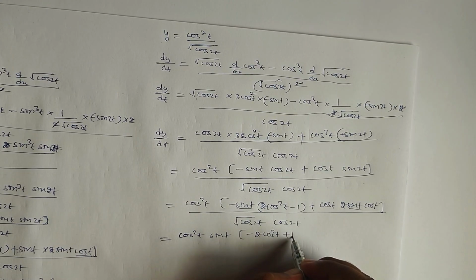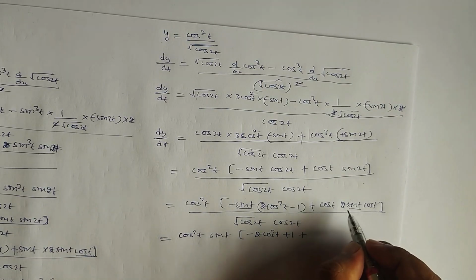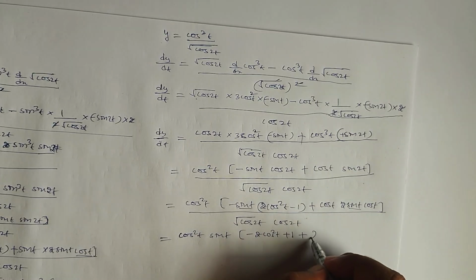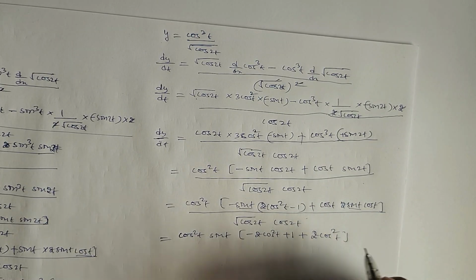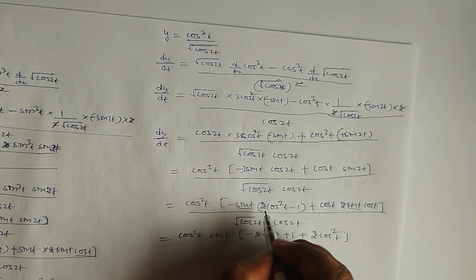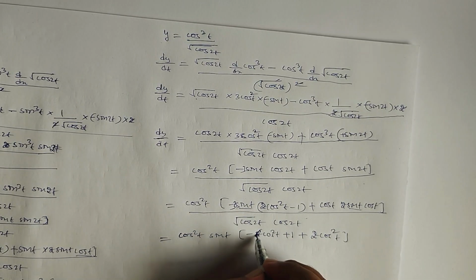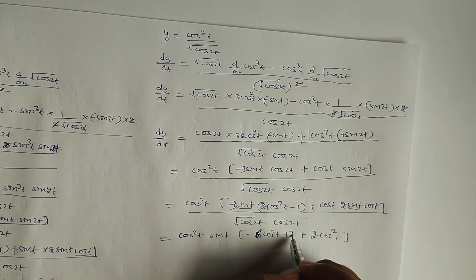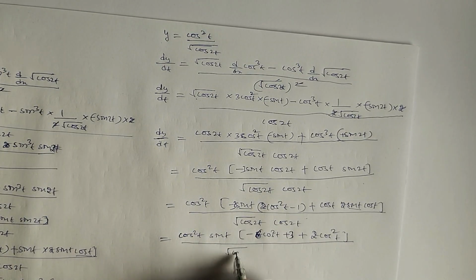Next plus, sin t outside becomes what? 2 cos square t. Here 3, 3 into 2 is 6, 6 again 3 into 1 becomes 3. Okay, divided by, so correction, divided by what? Root cos 2t into cos 2t.